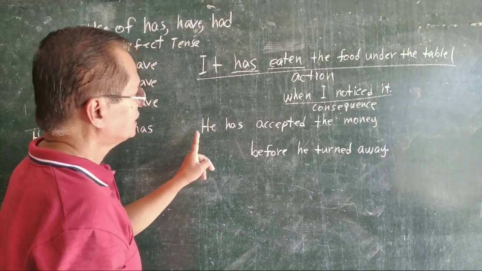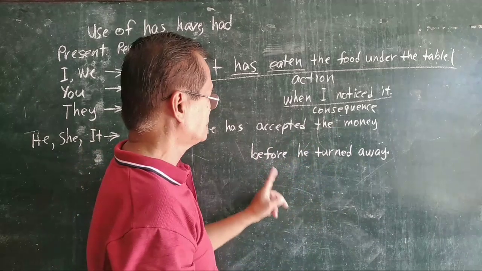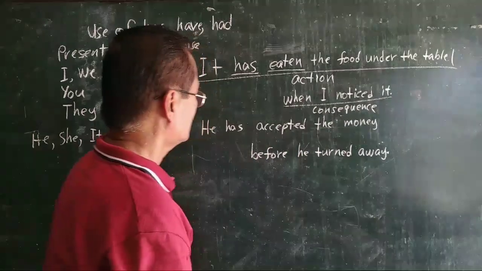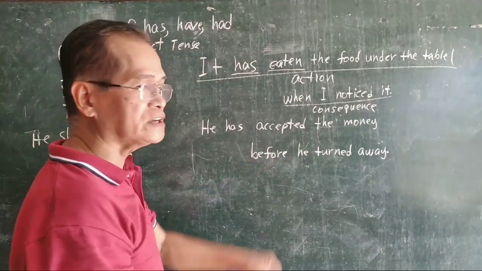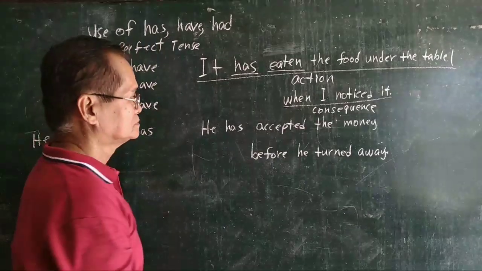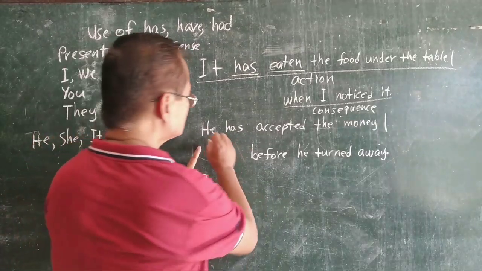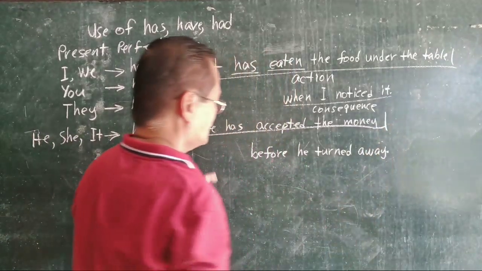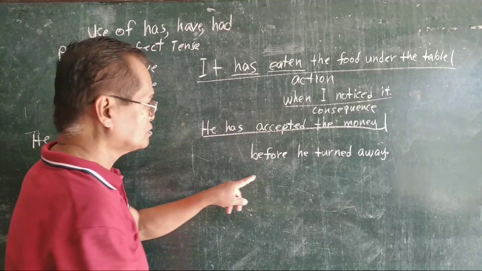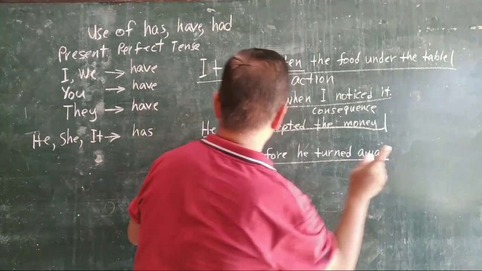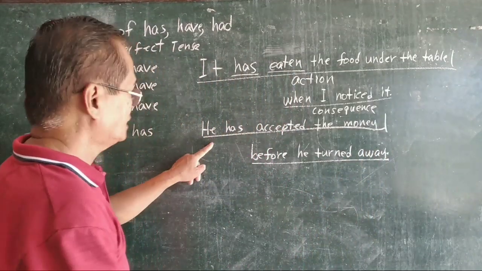Okay, next sentence. He has accepted the money before he turned away. Now, again, this sentence is divided into two parts. We have the independent clause. This is our independent clause. And our subordinate clause is this. By the way, our subject is he.